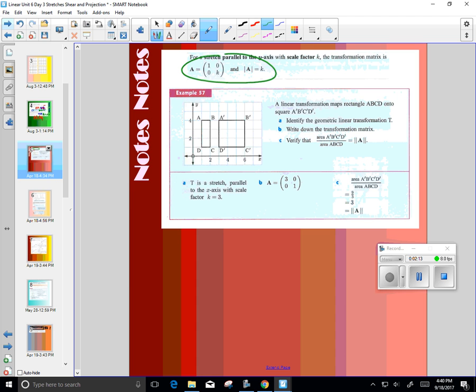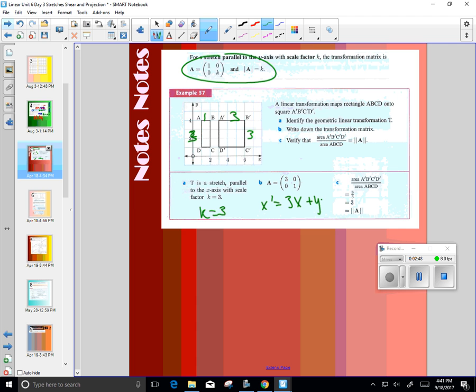Then we have an example here where you're going to identify the geometric linear transformation and then write it as a matrix. So this is 1 and this is 3. This is 3 and this is still 3. So if you notice, in both cases here, it's a stretch factor of k equal to 3. And then for the matrix here, my x prime is 3 times x.